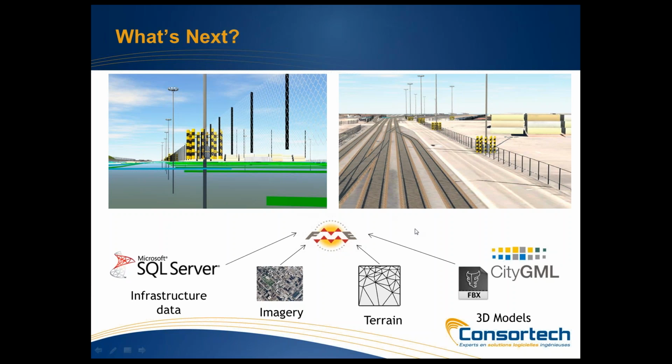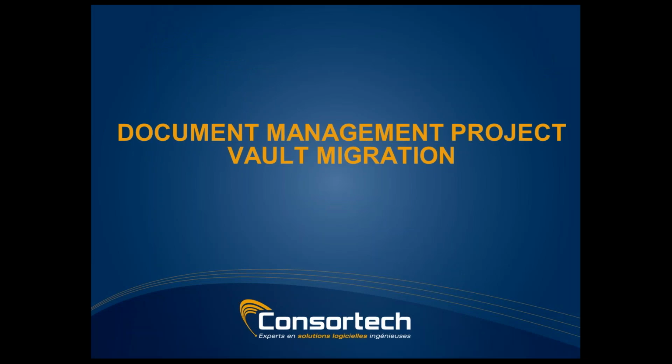A lot of the time with InfraWorks, you want to get that larger, broader scope, so you're getting a lot of GIS-based data and a lot of different models from different applications, so terrain, some CityGML, some FBX, but a lot of that has to be refined to bring it into InfraWorks. InfraWorks will connect to some of it directly, but some of it has to be tweaked. You want to clip it, purify it, reduce the amount of data.